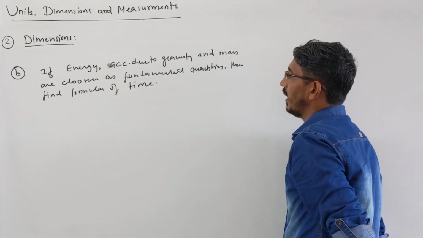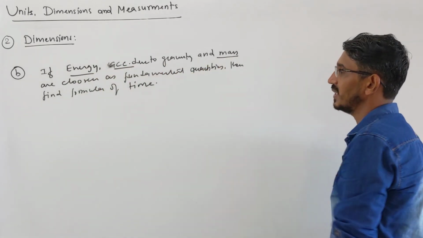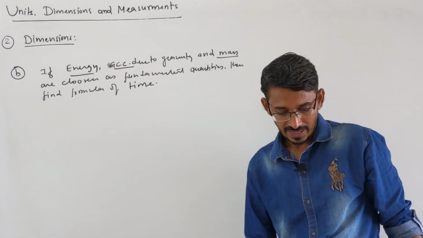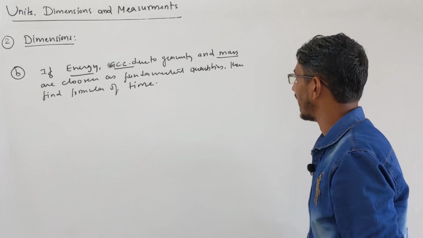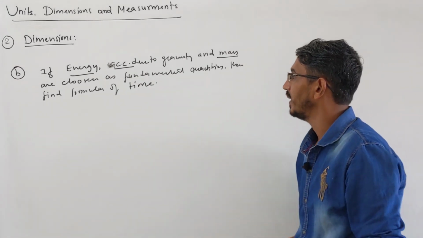Energy, acceleration and mass, these three things we are choosing as fundamental, we can choose anything, right? Then we have to find the formula of time in terms of these three things, energy, acceleration and mass. Yes, same procedure exactly, let's write it.